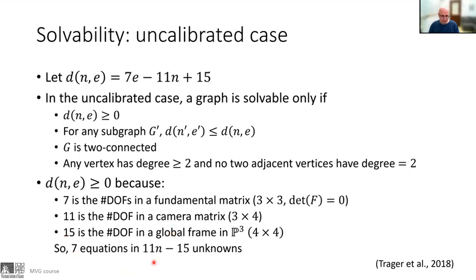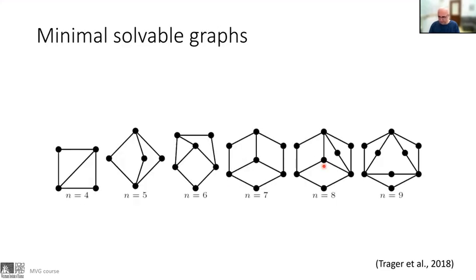So this implies that to solve this solvability problem, or to be able to determine the camera parameters, we need to have 7e greater than 11n minus 15. These are some examples of solvable graphs. You can see that triangles are always solvable, and we will get back to that. But there are quite complicated structures that are still solvable.